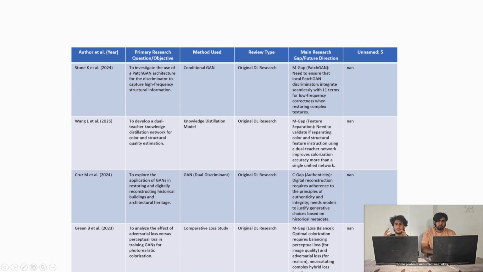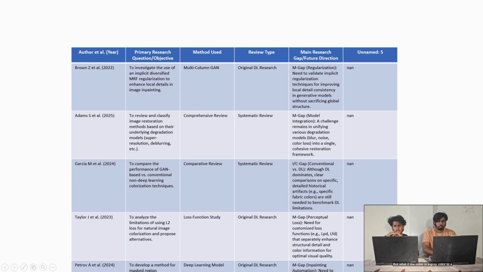Some problems occurred: okay, it is colorized, but what if the color is a fake or false color? We thought that was a crucial problem, so we were thinking about what we could do. Then we got the idea of blending it with historical references, like historical documentation, where we can capture the saturation, contrast, warmth, cool colors, sharpening, lighting, and all those elements.